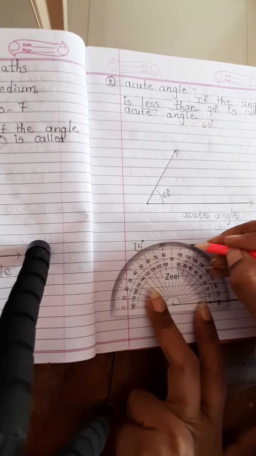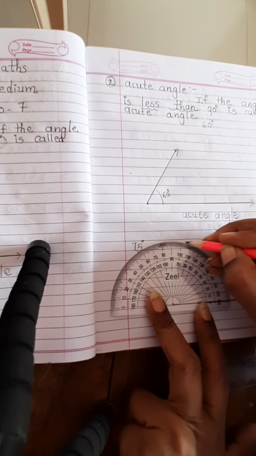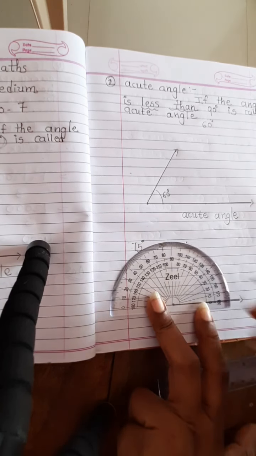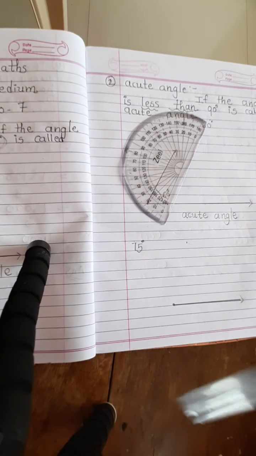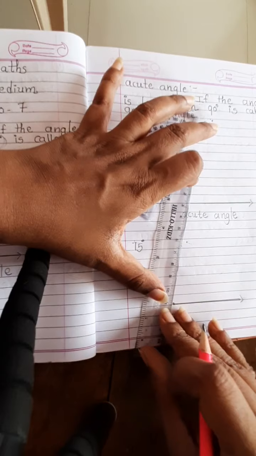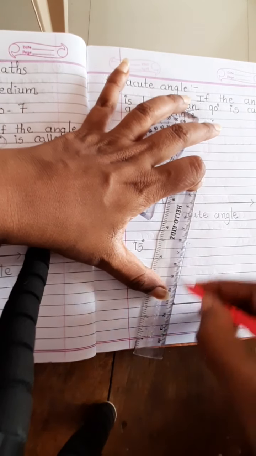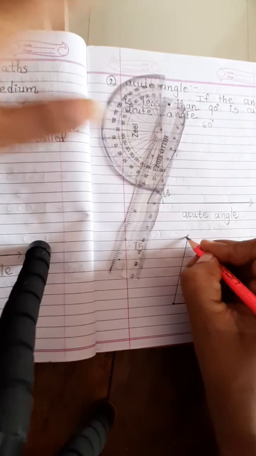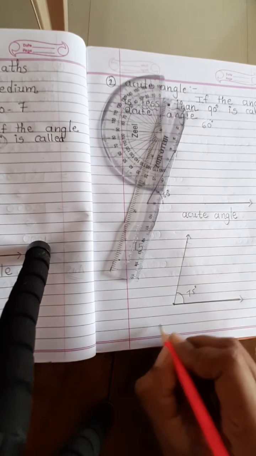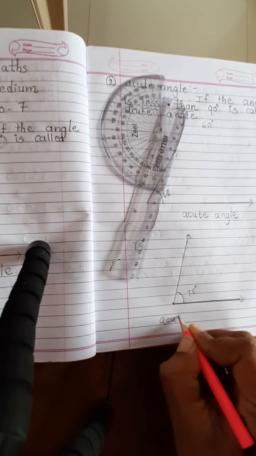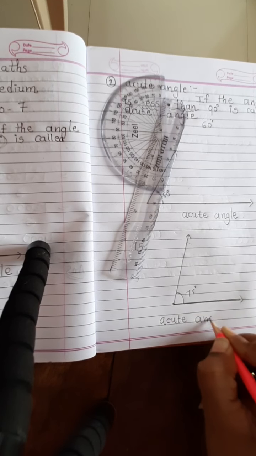So 70 is here. 71, 2, 3, 4 and 5. 5 small lines, count it. This is called the 75. Now join this line and this line. Now put the arrow, this is 75. It is called the acute angle.